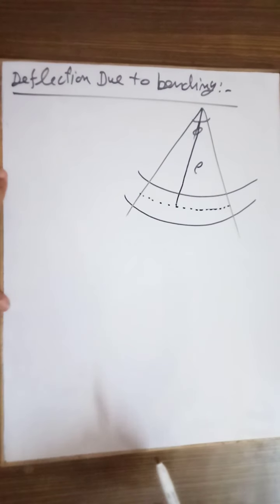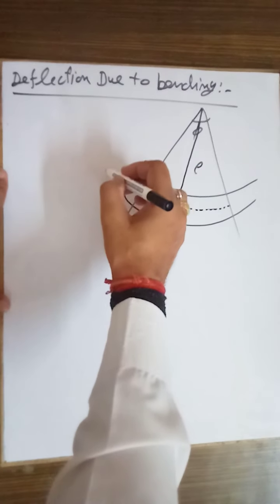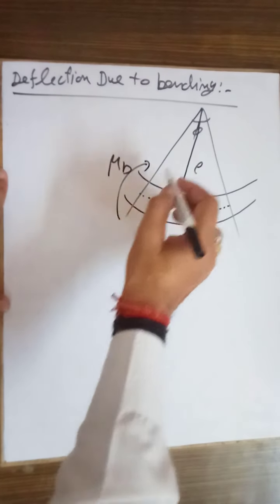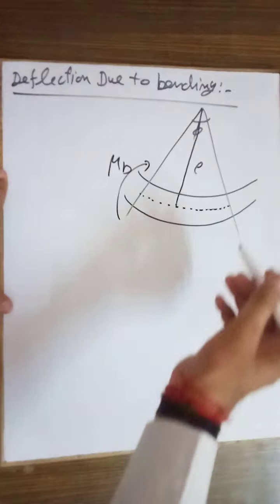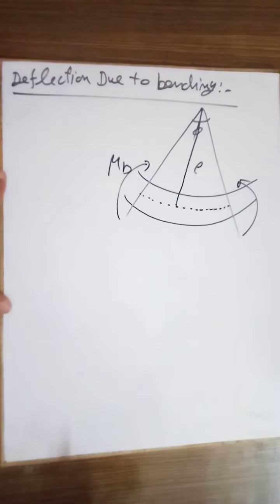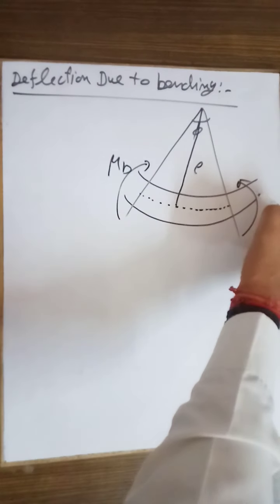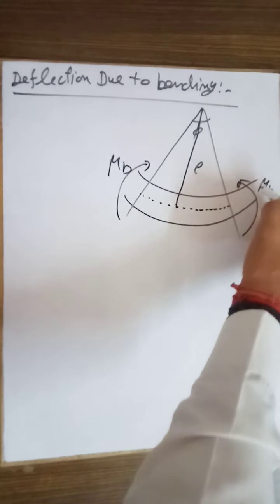Let's say the bending moment in this direction is Mb for this particular section, and for the other section, if it is clockwise, then there will be the counterclockwise, and it will be Mb again.